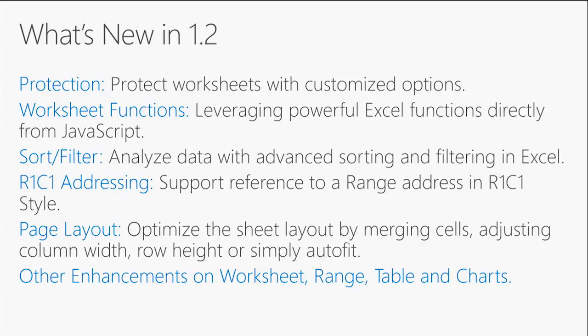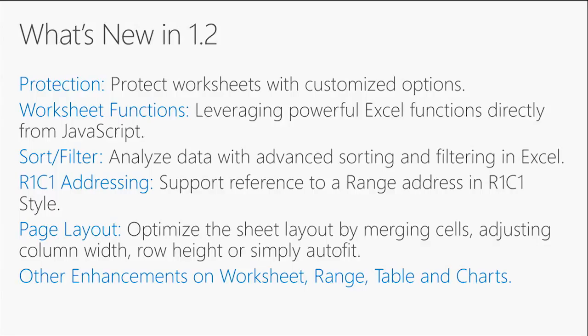Meanwhile, we are also introducing sorting and filtering from Excel. Developers right now can analyze data using all Excel native sort and filter, even including all the advanced options. We know how much developers love R1C1 addressing. In 1.2, we are also adding the widely loved R1C1 reference style. Now developers can refer to a range address in either reference style they prefer.